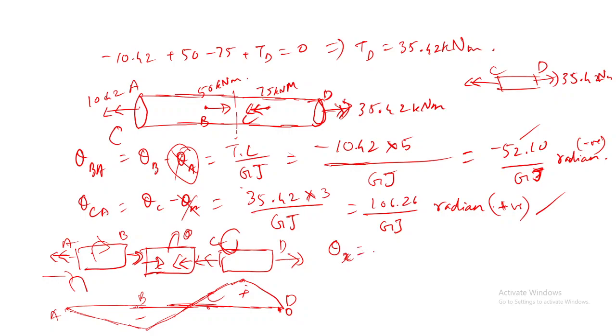So it will be theta AB plus theta BX, let's say. Theta AB we have already calculated: it is minus 10.42 into 5 divided by GJ, which is minus 52.10, and the sum equals 0. So minus 52.10 divided by GJ plus, for theta BX, it should be 50 minus 10.42, correct or not?